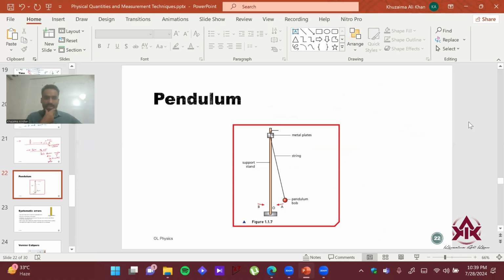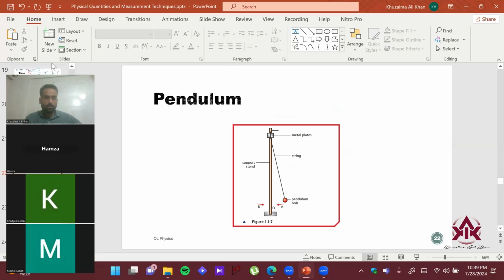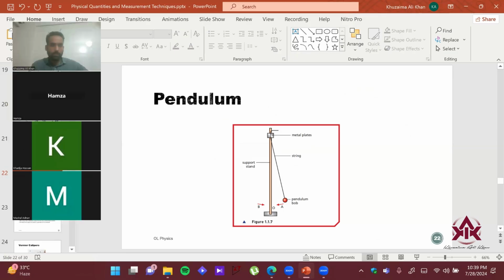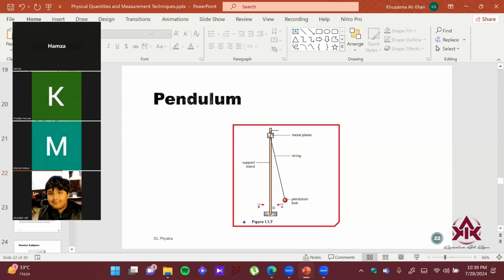Can anyone tell me? Does anyone have an idea? How do we measure the time period using a pendulum? Give me a guess. You have the apparatus over here. You have a retort stand.